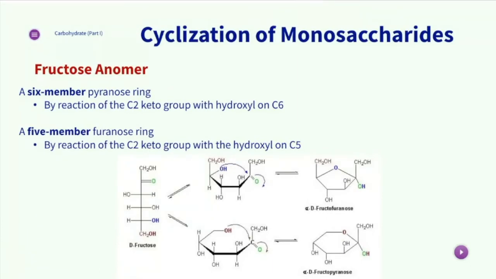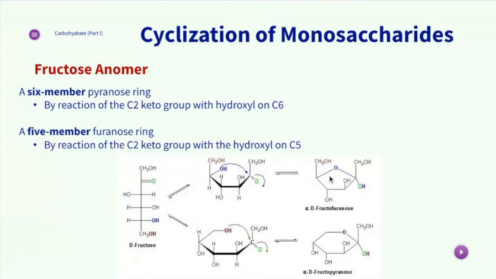Okay, how about the fructose anomer? It can form a 6-member pyranose ring by reaction of the C2 keto group with the hydroxyl on the C6 of the backbone, and it can also form a 5-member furanose ring.